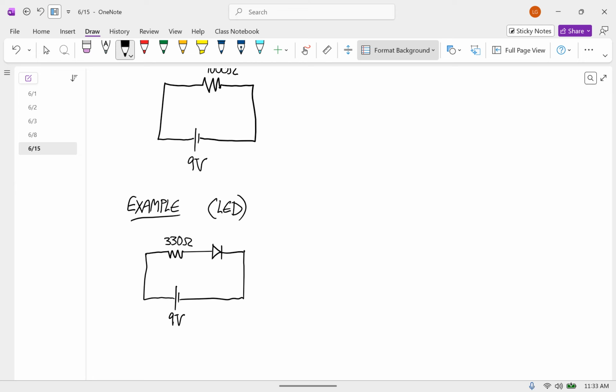And all of this should, if you wire it up correctly, make the LED light up.